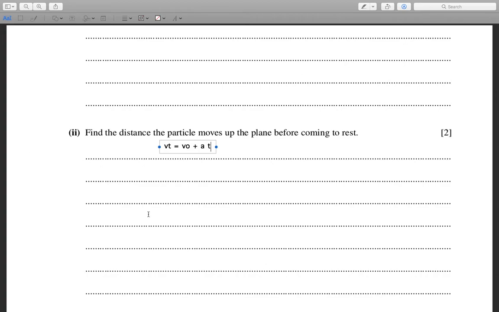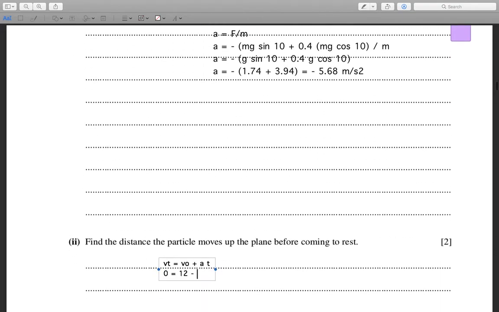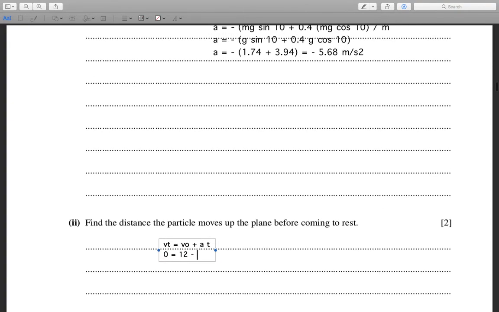Okay, v at rest is 0. So 0 equals 12 minus a, which is 5.68, times t.